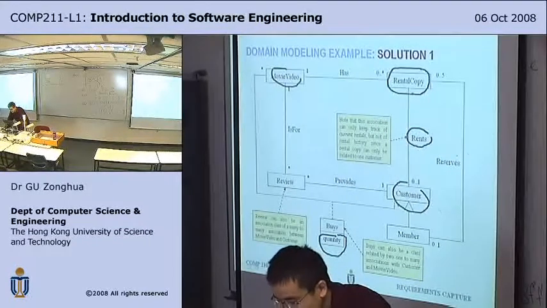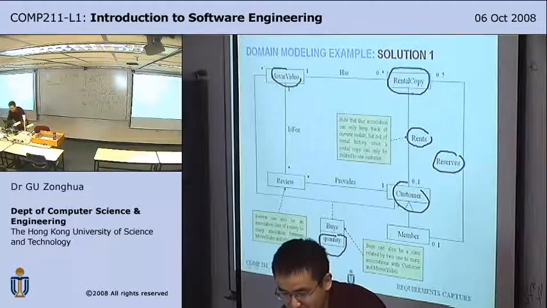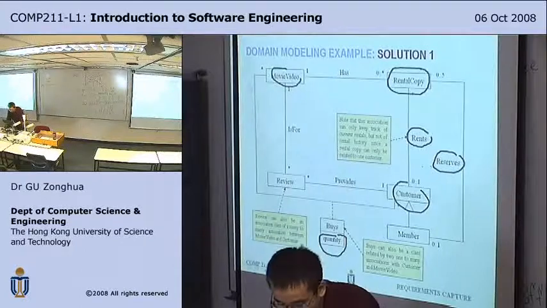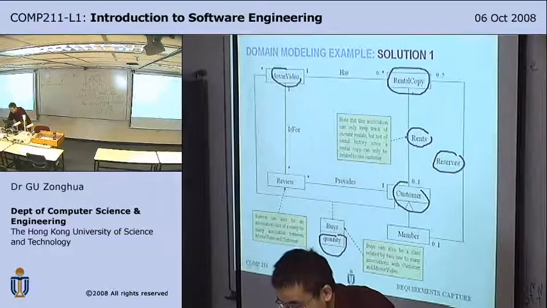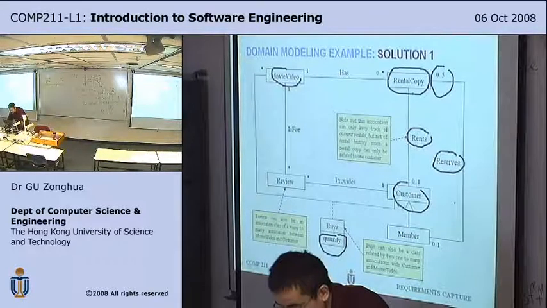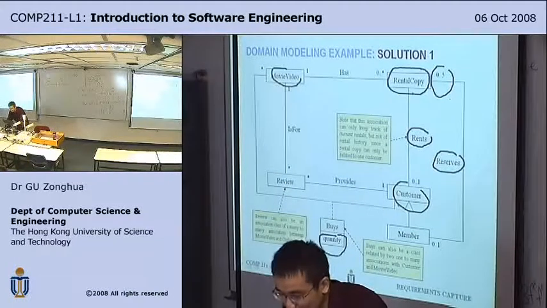Similarly, a member reserves a rental copy, not directly a movie video, because the reservation is for a particular copy. And so the multiplicities are: a member can reserve 0 to 5 rental copies. And each rental copy may be reserved by 1 or 0 members, right?